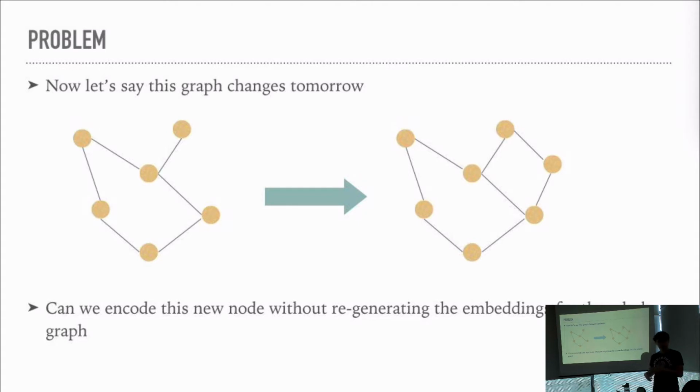So this social network graph keeps changing, but the problem is previous works can't encode a new node in the graph without regenerating the embedding for the whole graph. Say today I'm following Huang, and tomorrow I don't like Huang and I unfollow him. With previous works, we would need to change the embedding for everyone. Okay?